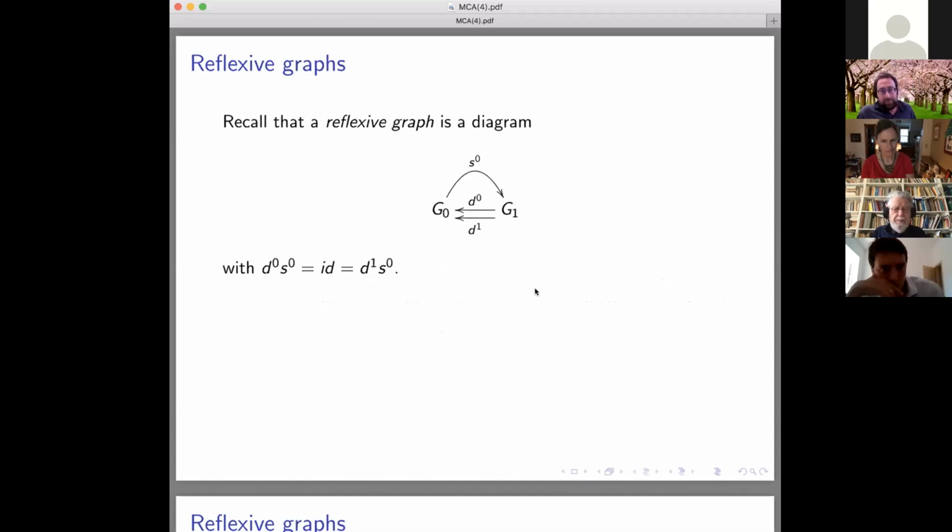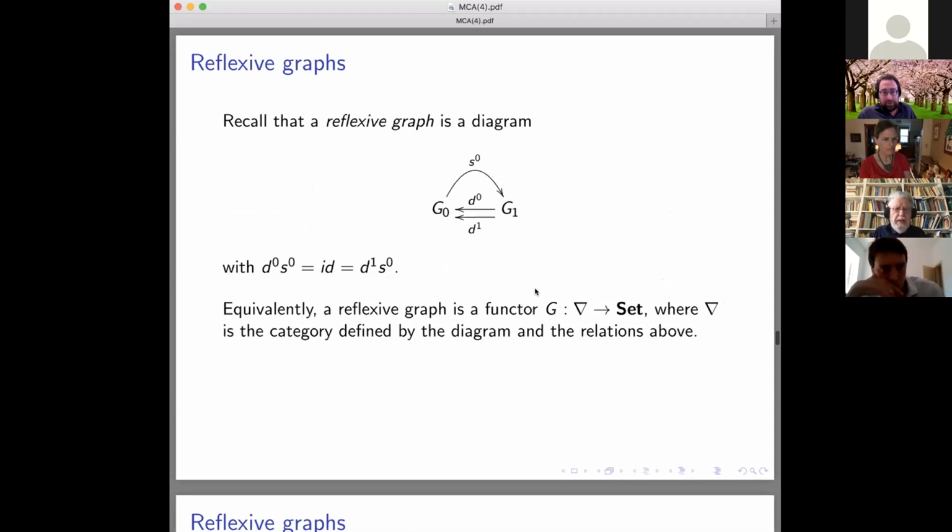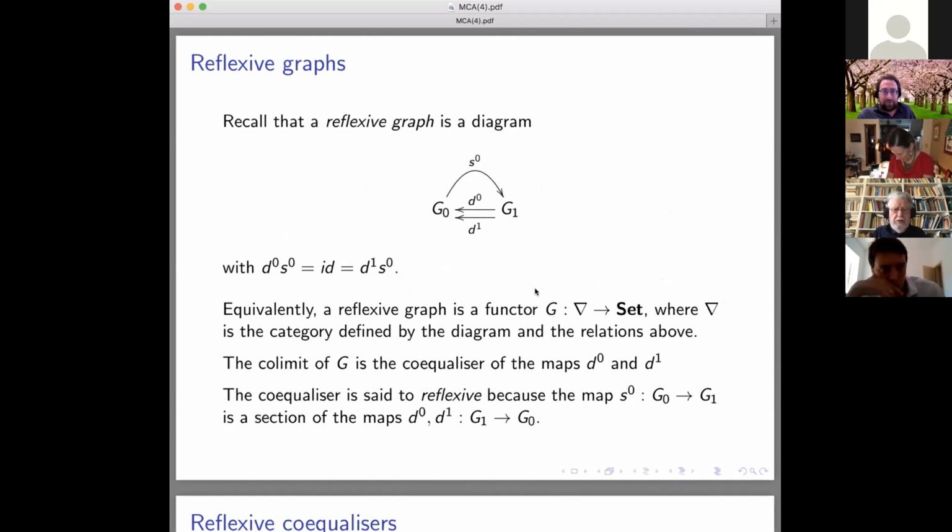Now, recall that a reflexive graph is just two sets with a diagram like this. It can be regarded as a functor from a small category nabla, defined by the diagram above. The colimit of this is the coequalizer of the maps. The coequalizer is said to be reflexive because you have a common section of d0 and d1.